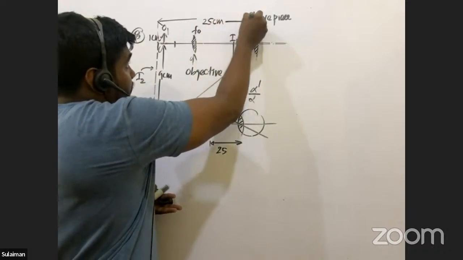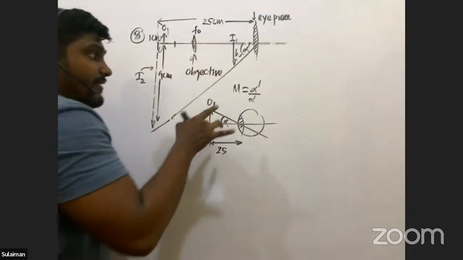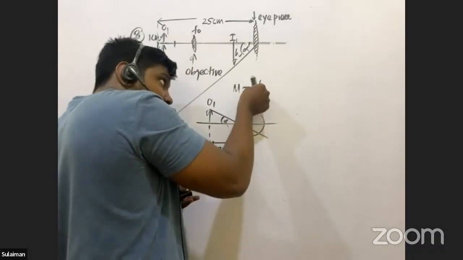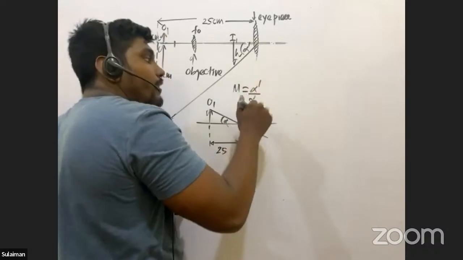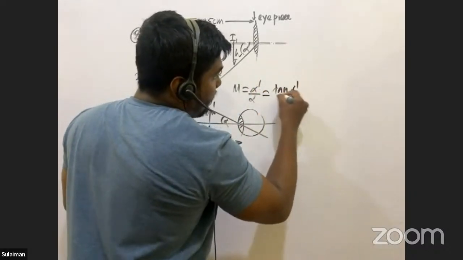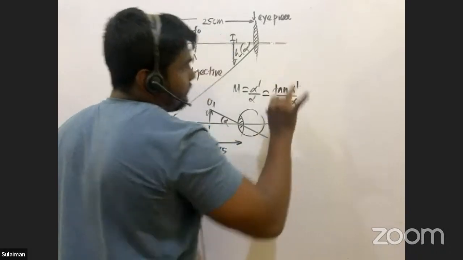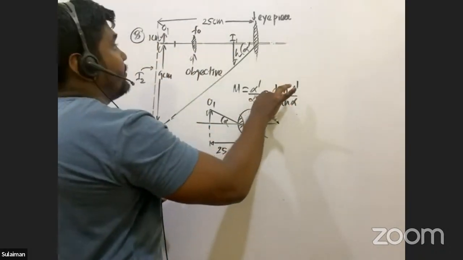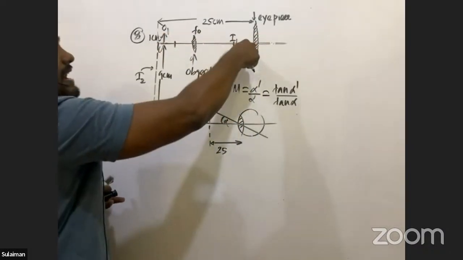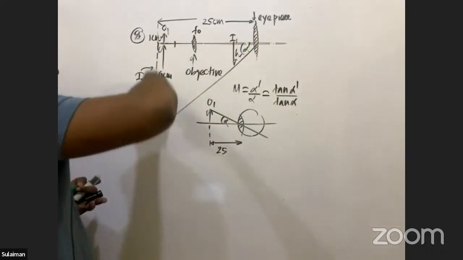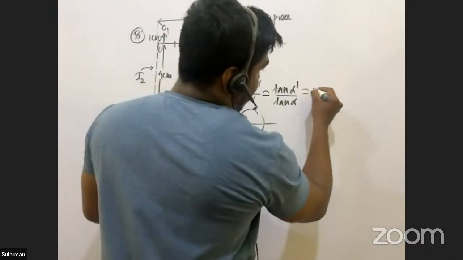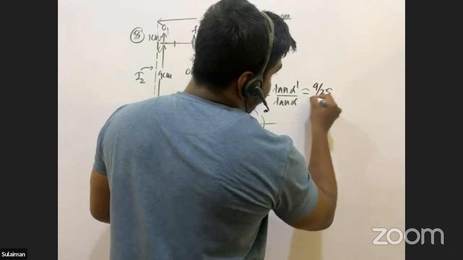When deriving alpha dash over alpha, we assume both angles are very small, so we can take their tan values: tan alpha dash over tan alpha. Tan alpha dash, from the large triangle, is opposite 9 centimeters over adjacent 25 centimeters, so 9 over 25.